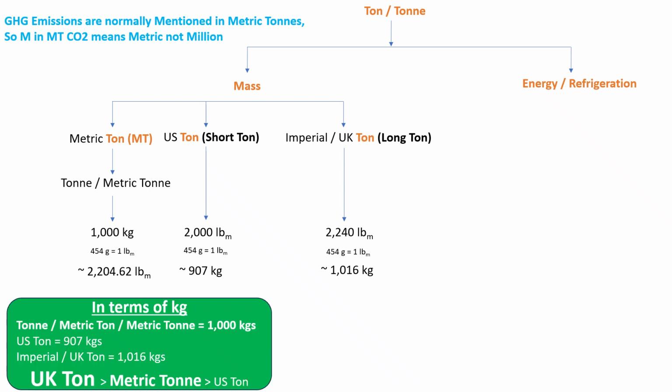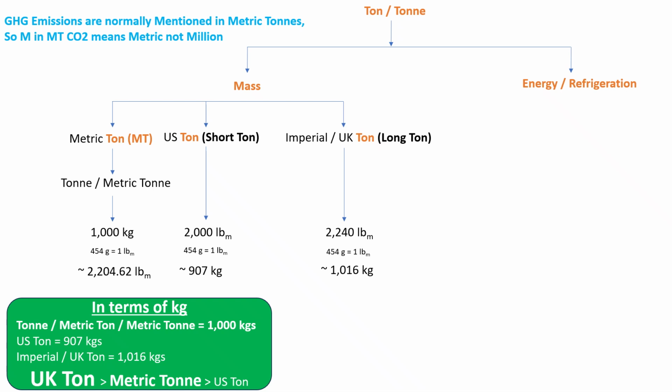So in terms of kg, we have this relationship. TONNE is equal to metric ton, and is also equal to metric TONNE. All these we can use for the 1000 kgs, whereas US ton is 907 kgs and imperial or UK ton is 1016 kgs.